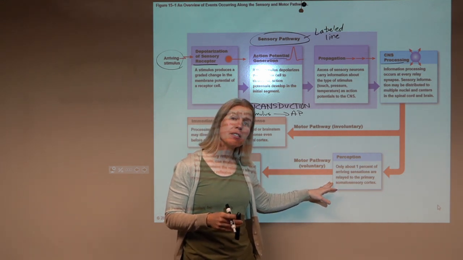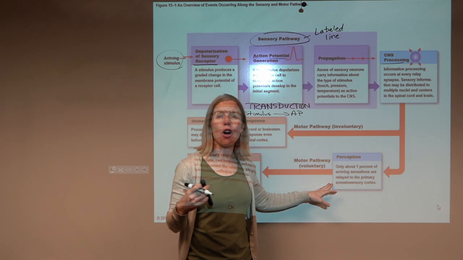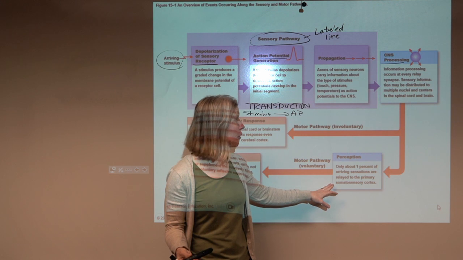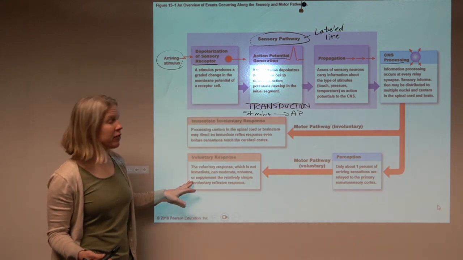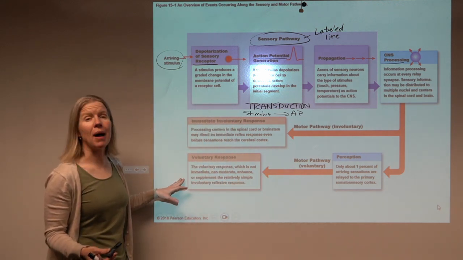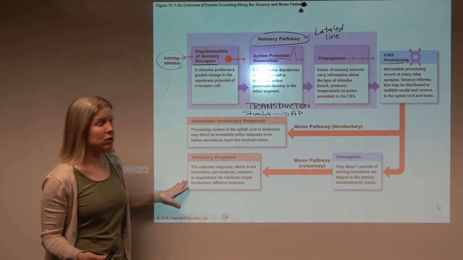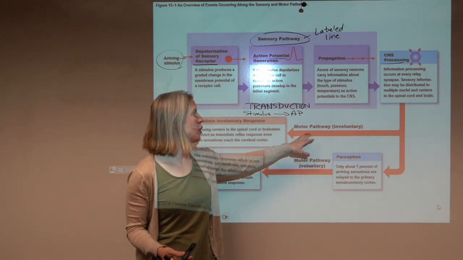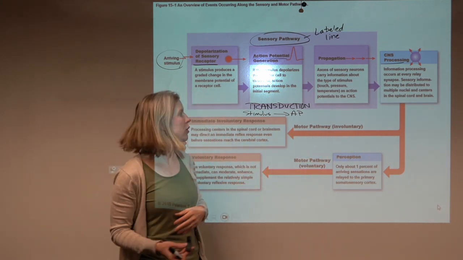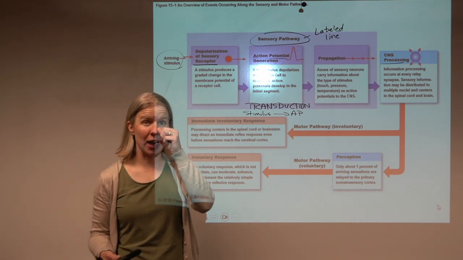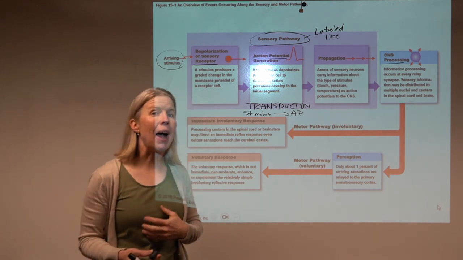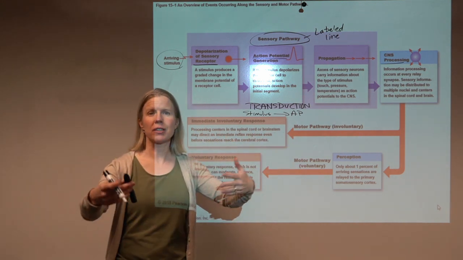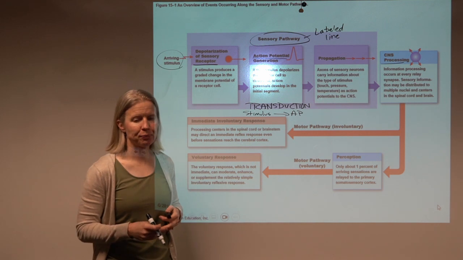In order for us to perceive something, it has to land on the part of the brain, the cerebral cortex, that's capable of conscious thought, right? And then we can have this voluntary response, a somatic motor response, right? We could also have some information that triggers an involuntary response, right? Things that you don't actually have to think about, things like balance as well. But both of those would be somatic nervous system or motor output. Okay.